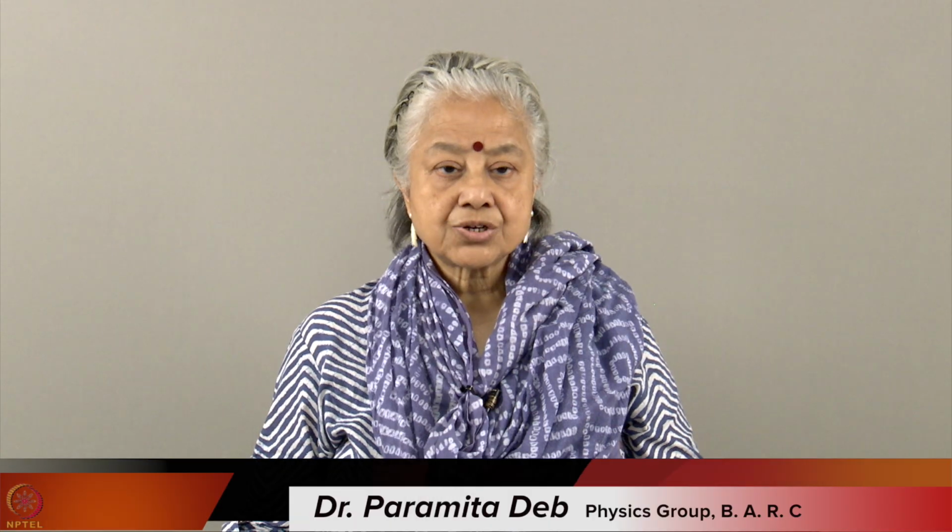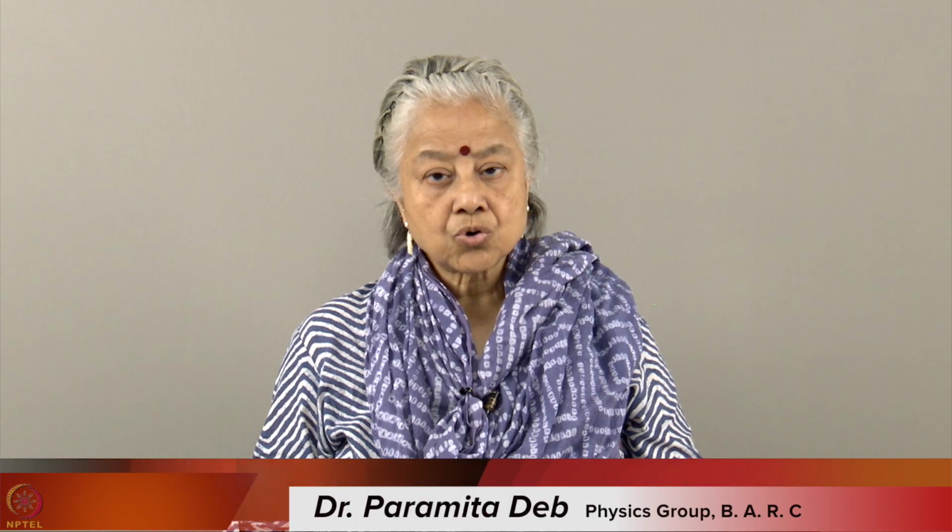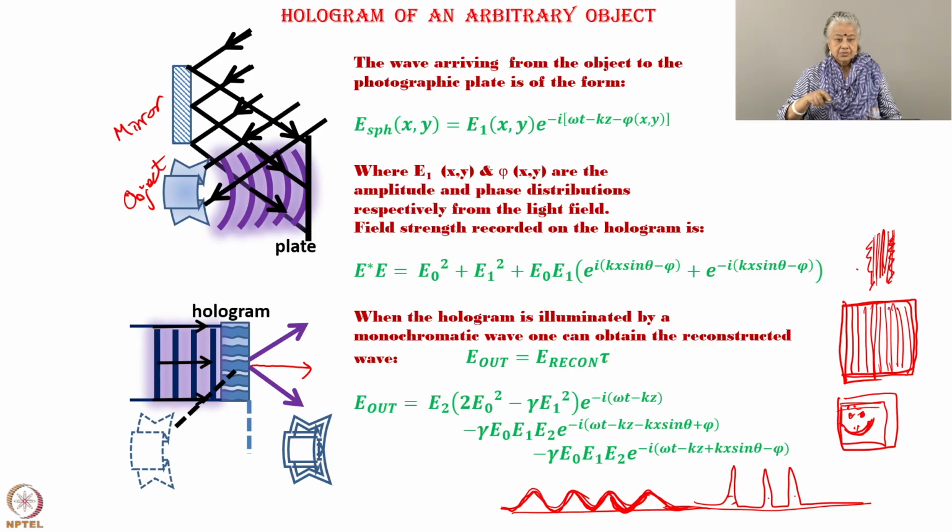So, in the last lecture we had stopped at the hologram of an arbitrary object, which is here. We had taken any kind of object and seen what kind of a recording it should be. Now, let me spend a little bit more time on the kind of holographic plate that we are talking about.